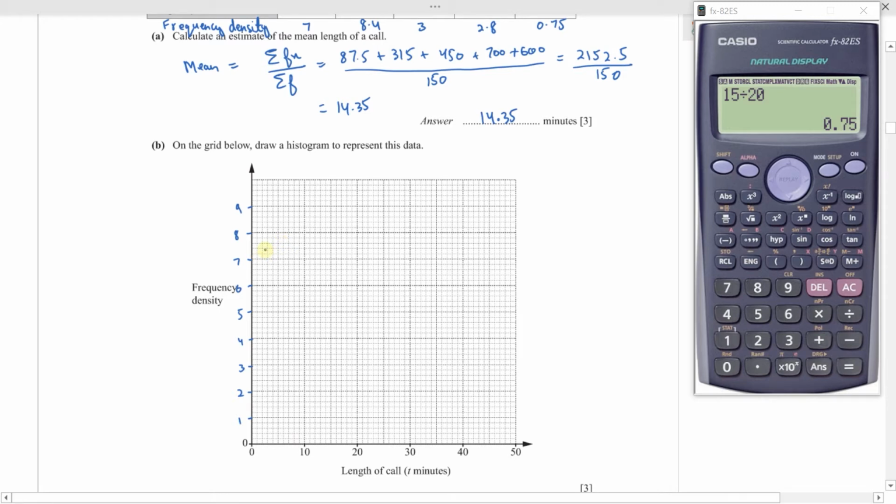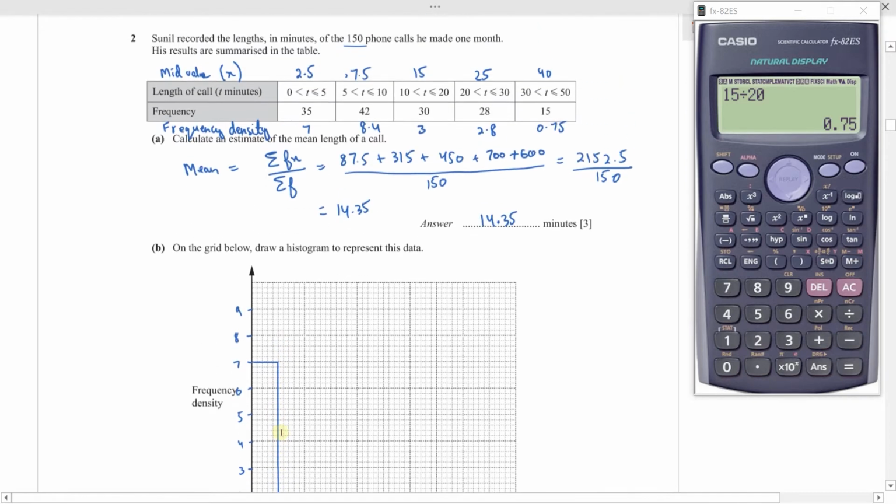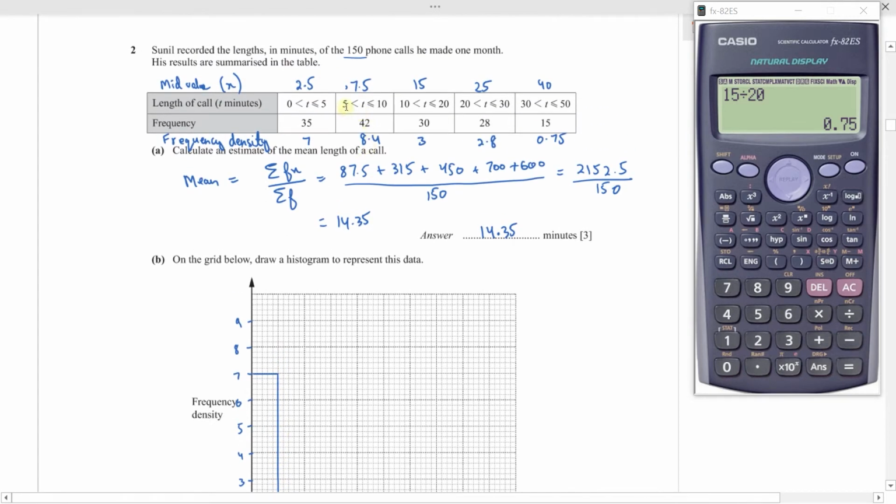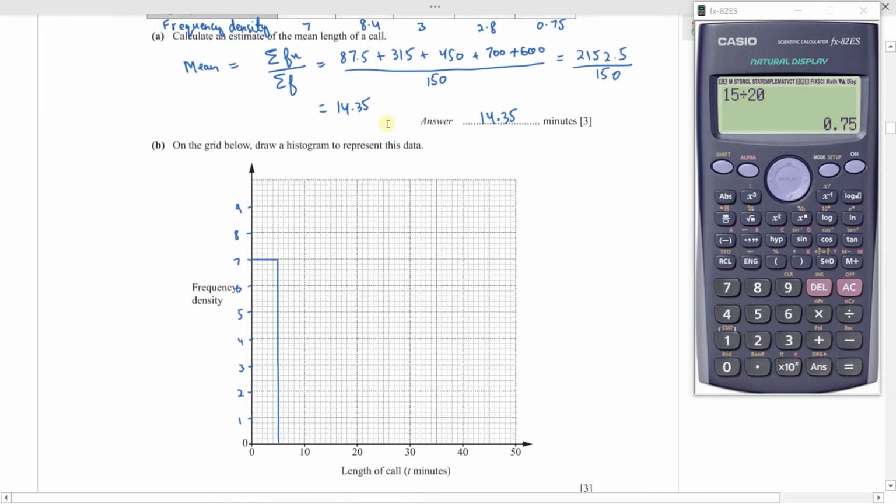My histogram will be like this up till 5 and then down here. The next value is 8.4 for 5 to 10. So 8.4 is this, 8, 8.2, 8.4, and up till 10. So this will be like this.